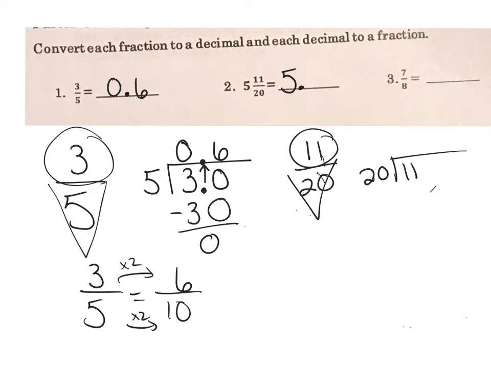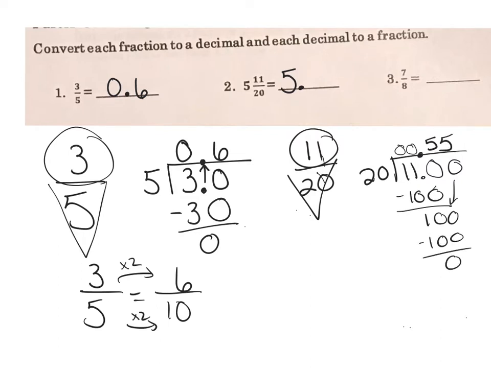20 cannot go into 1, it can't go into 11, add a decimal, put a 0. 20 goes into 110 5 times, that will be 100. You have 10 left over, add another 0 because you cannot have a remainder. 20 goes into 100 5 times, subtract 100, you have nothing left over.